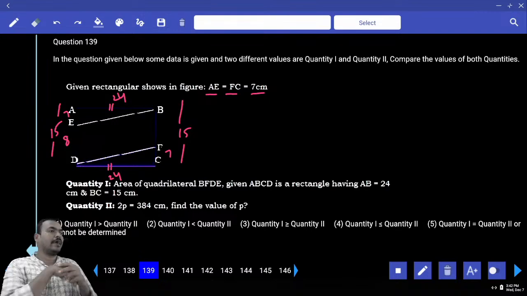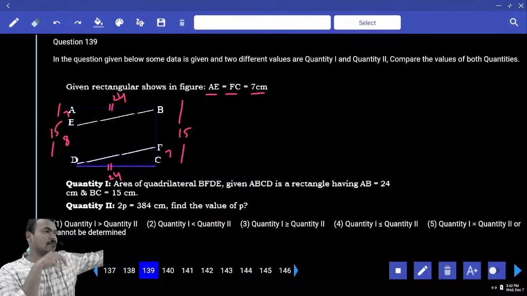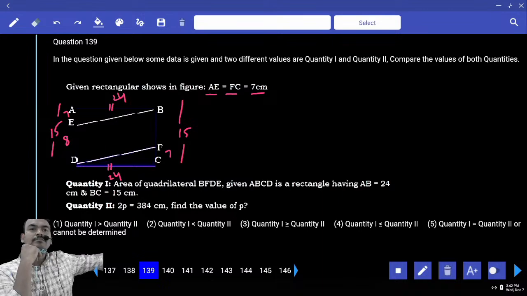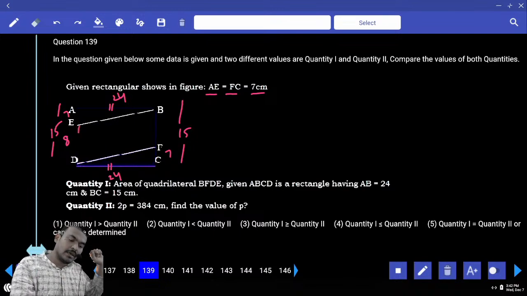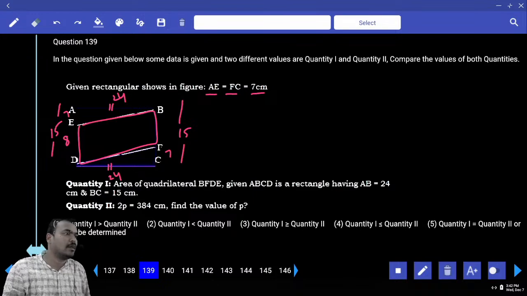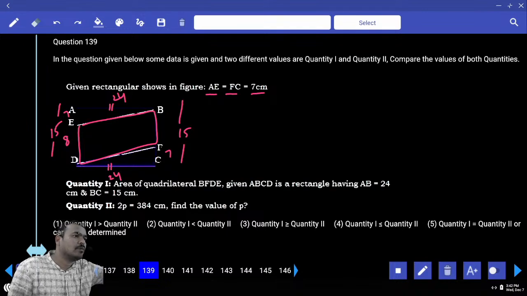First, what is the total diagram here? Rectangle. In that we require which area? The area of quadrilateral BFDE, yes or no? One is an upper right angle triangle, another is a bottom right angle triangle.